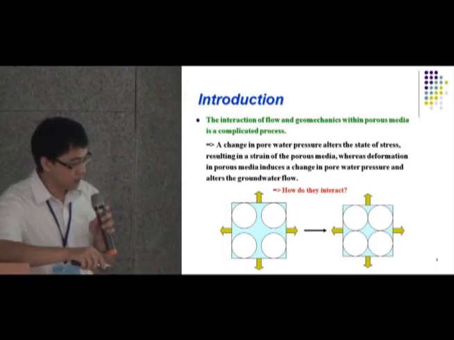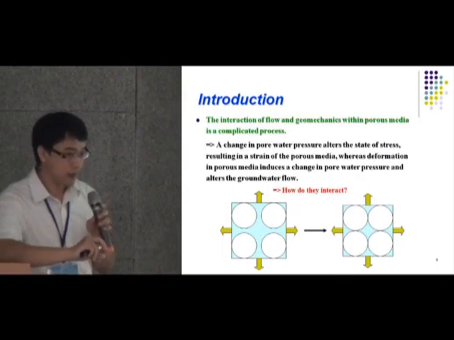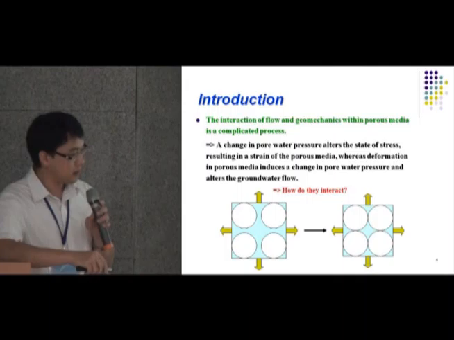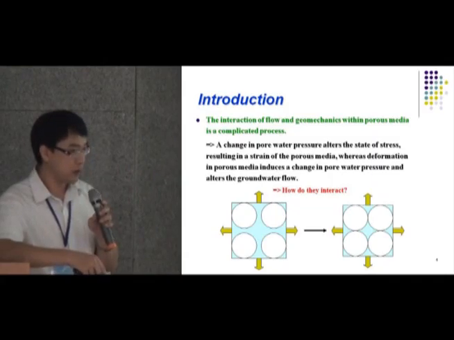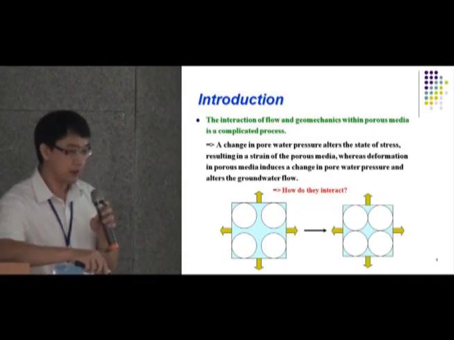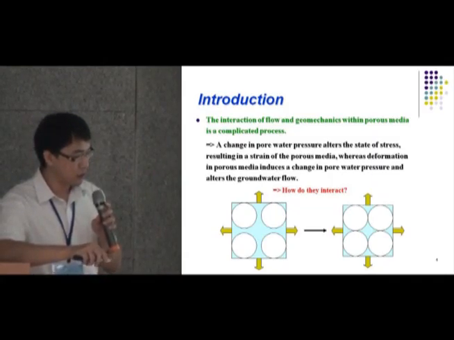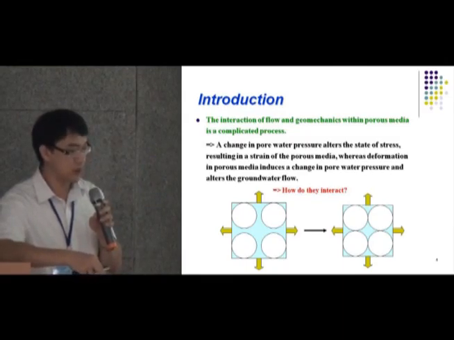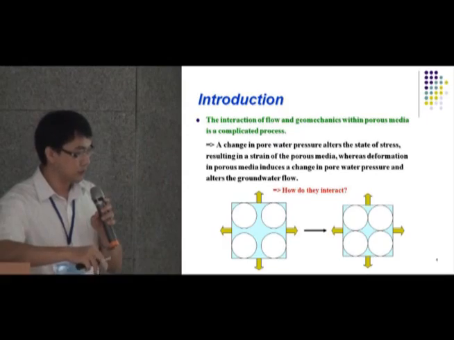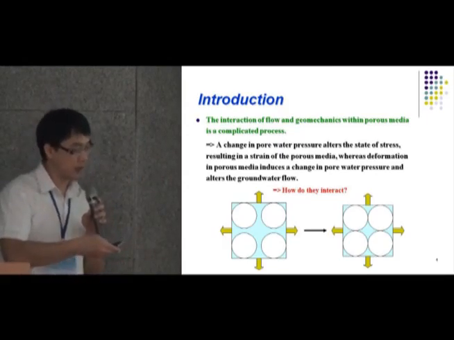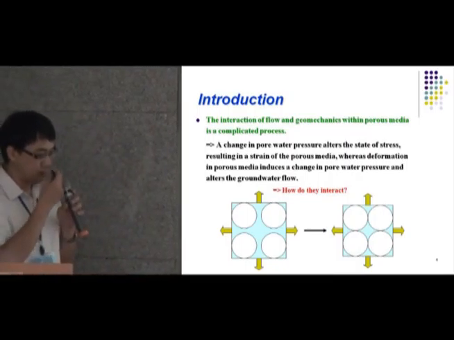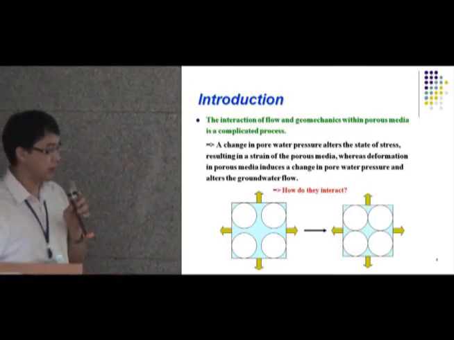And then we can find that the pore phase is compressed. So from this simple case, we can see that if we drive a water pressure change, it will cause deformation. And the deformation will also cause a change of the porous media and induce different conditions for the water flow. So it's a very complicated process to evaluate the interaction behavior.